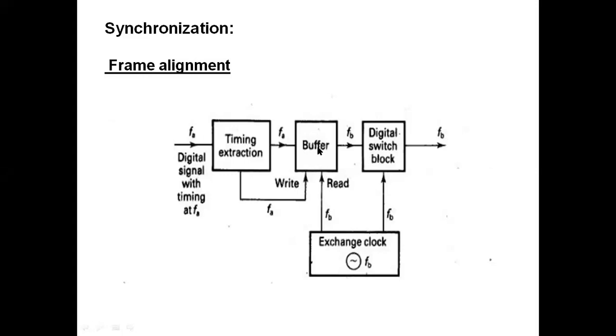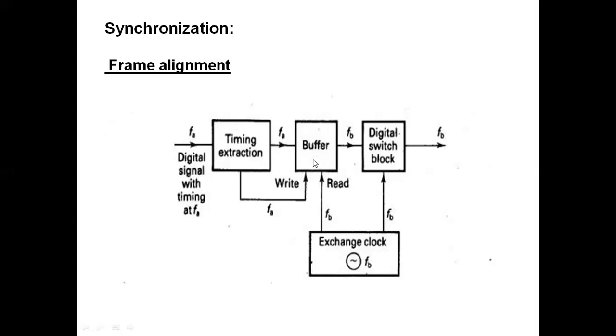In frame alignment, we extract the timing of the incoming PCM highway, and the local clock of the exchange provides its frequency. The phase difference between these two is used to control the size of the buffer, or the level at which the buffer should store the incoming PCM.